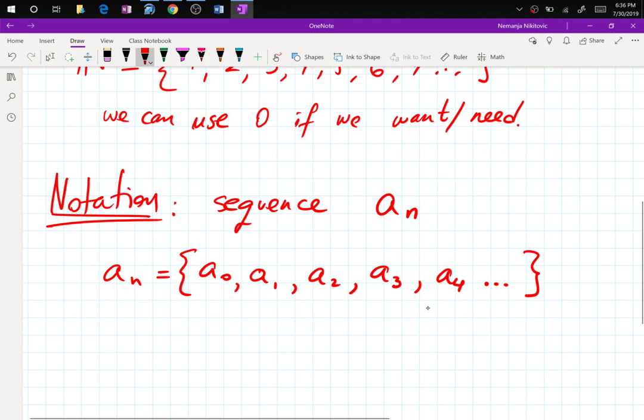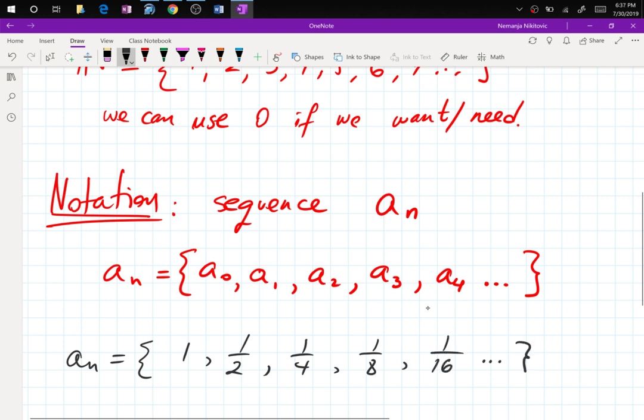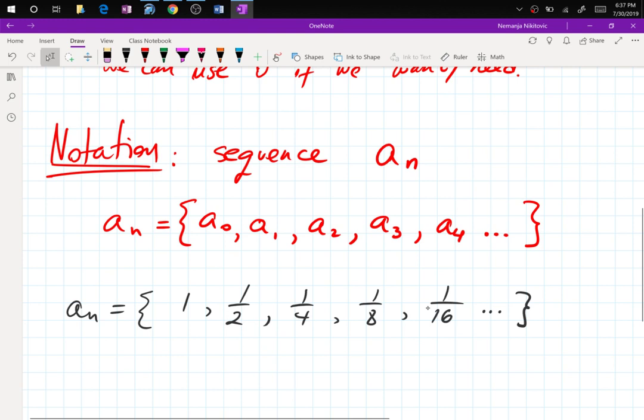So I can have a series of numbers, for example, a_n is equal to 1, 1/2, 1/4, 1/8, 1/16, going on forever. It's a sequence separated by commas.